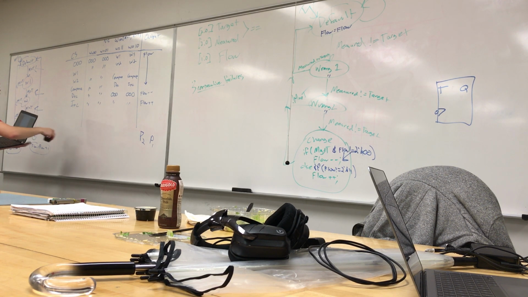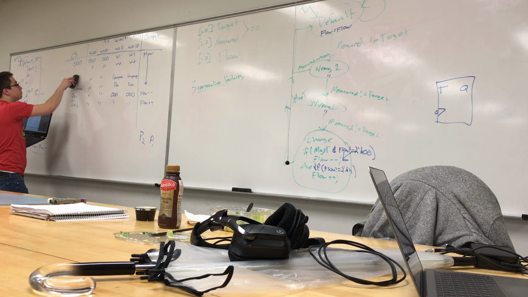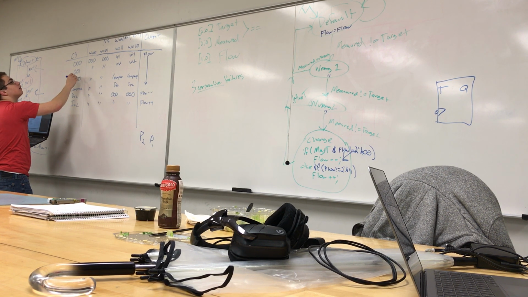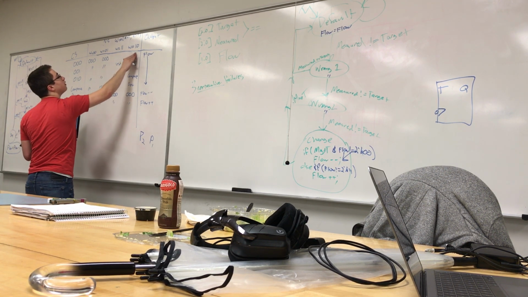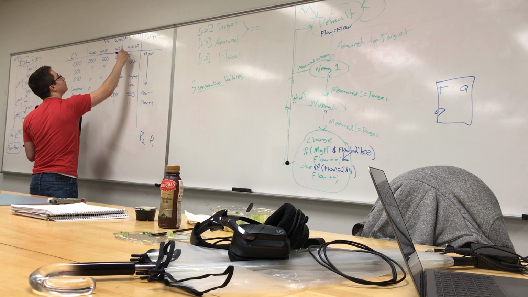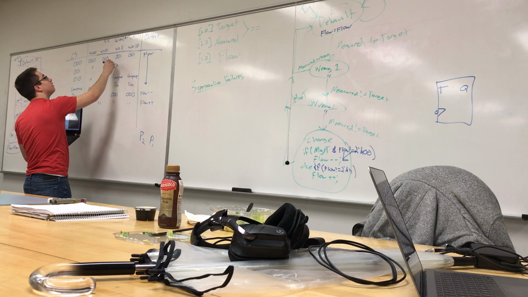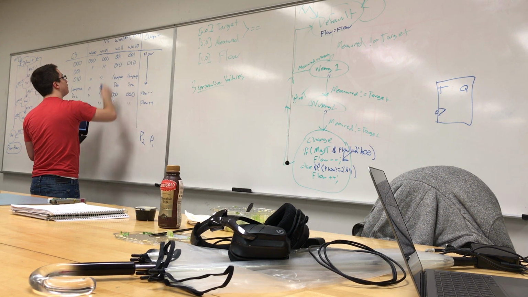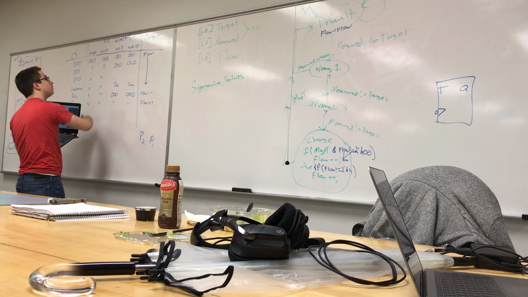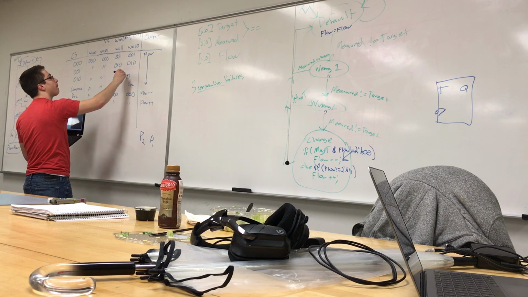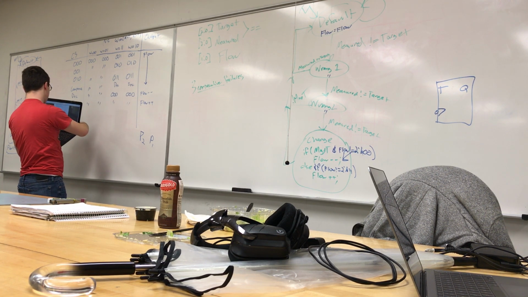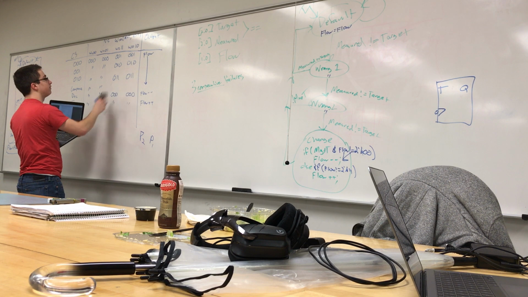Okay, W1 is 1, W2 is 2. And then compare is 3. Decrement is 4 and increment is 5.